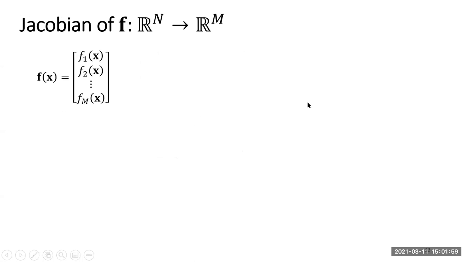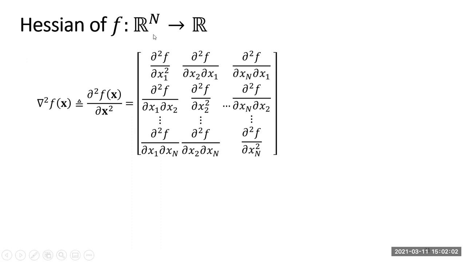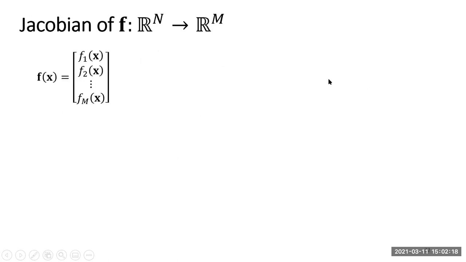Okay, now so far we were looking at scalar functions. The range was in R, just the scalar. So it took a vector as argument and f of x was a scalar. But now let's look at vector functions.